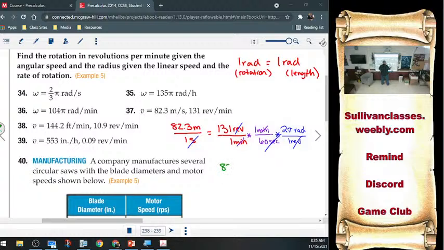So I have 82.3 meters is my 1 radius, compared to whatever 131 times 2 pi over 60 radians is 1 radian.